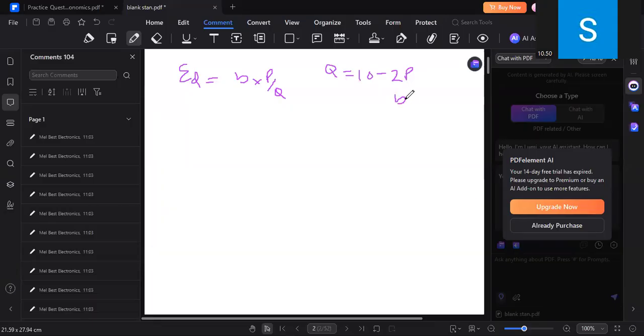Here our B is -2. Then suppose we're given our P as 4. Then 2 times 4 will be 8, so 10 minus 8, the answer for Q will be 2. So we substitute just in here. Are we together? Any questions?